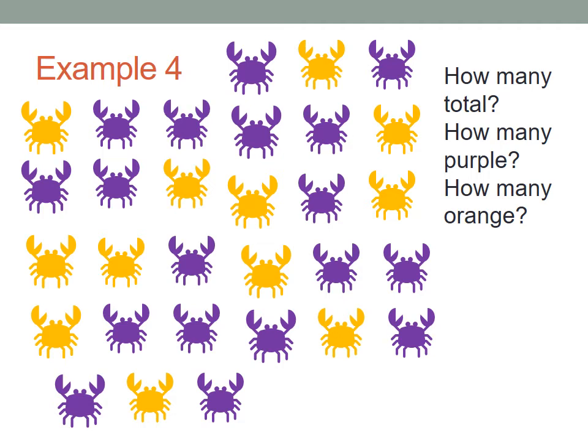I'm going to give you about 20 seconds to count. If you aren't done counting, you should pause it now. It's a total of 30 crabs, 18 purple, and 12 orange.